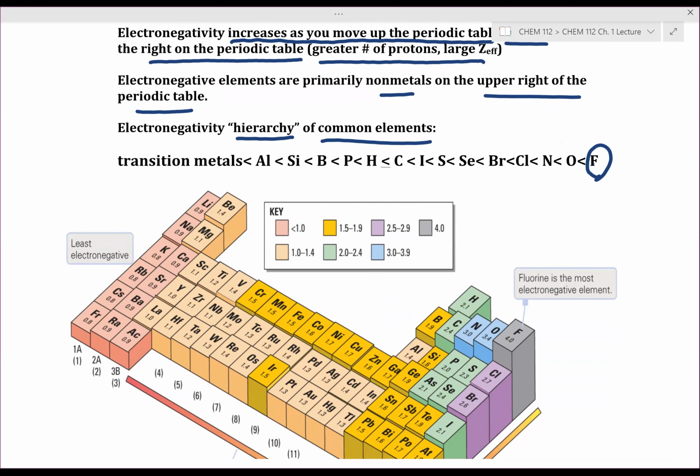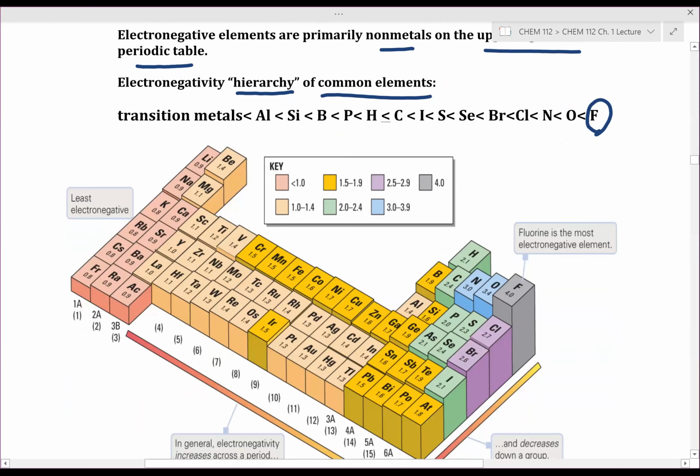And as we see in the general trend, as we move up the periodic table and as we move to the right across the periodic table, our electronegativity increases. Now, we're going to use differences in electronegativity to start to describe how electron density is distributed in our chemical bonds.